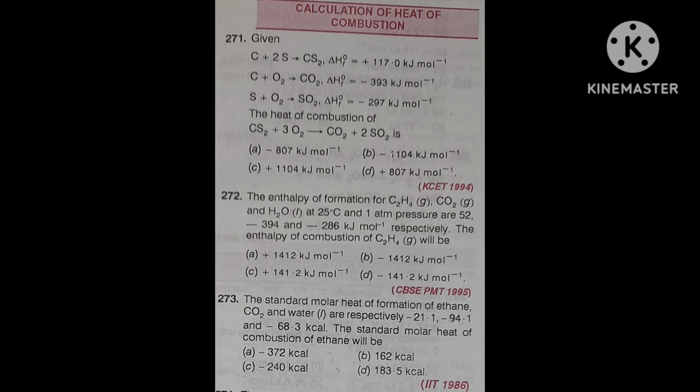Then after putting all three values, just to simplify it, 2 into minus 297 plus, in bracket you have to add minus 393, and after that finally minus 117. Then after solution it will come minus 1104 kilojoule, minus 1104 kilojoule.